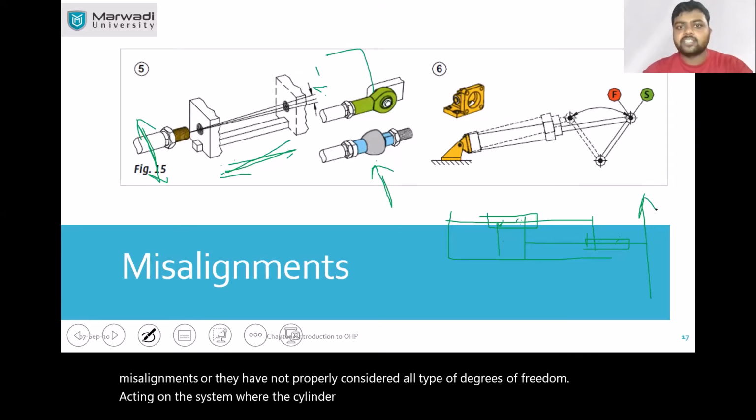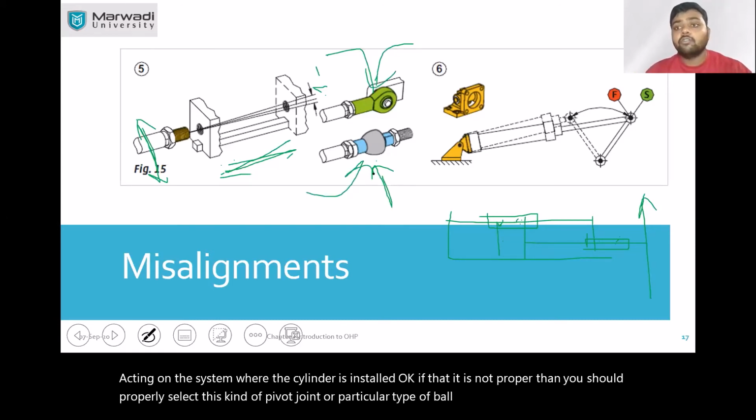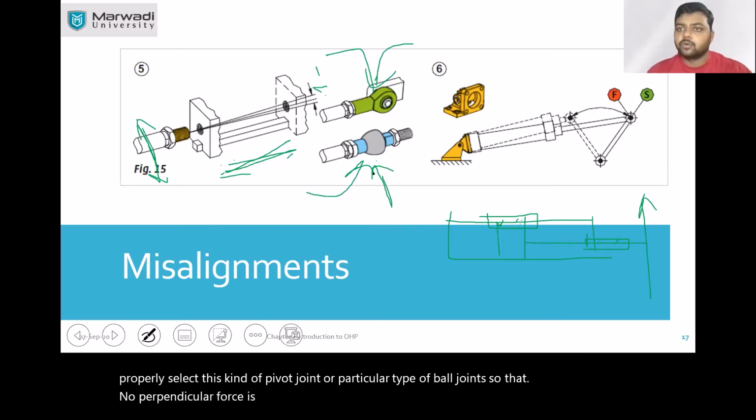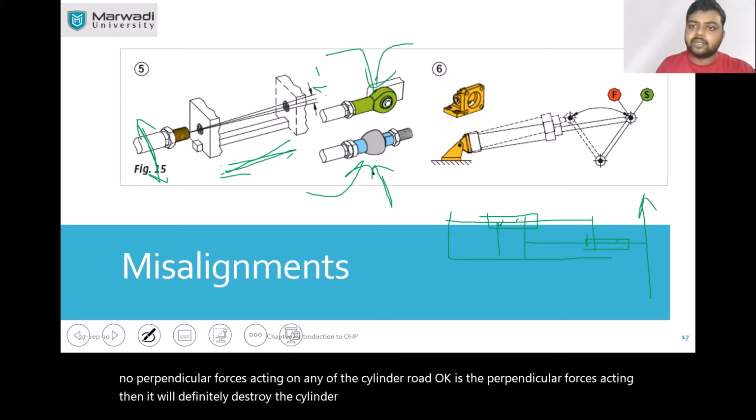If it is not proper, then you should properly select a pivot joint or a particular type of ball joint so that no perpendicular force is acting on the cylinder rod. If the perpendicular force is acting, then it will definitely destroy the cylinder seals, and you will require maintenance.